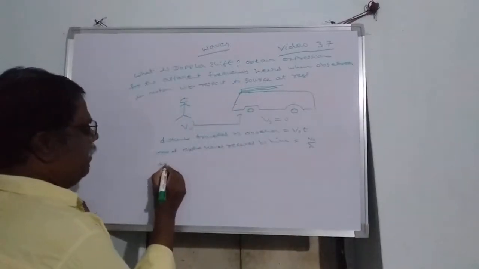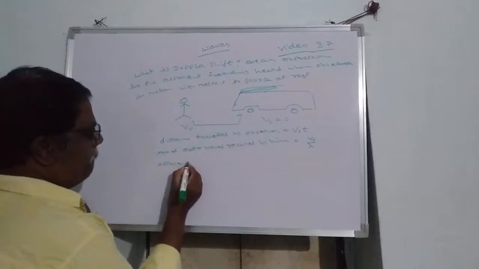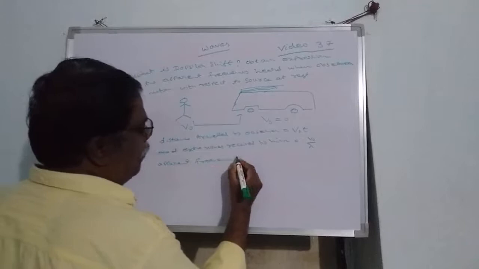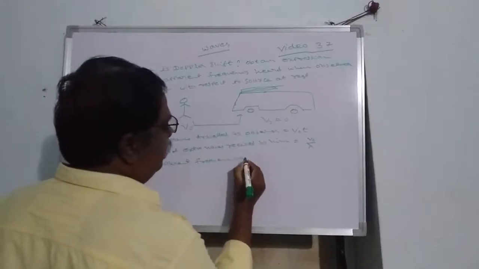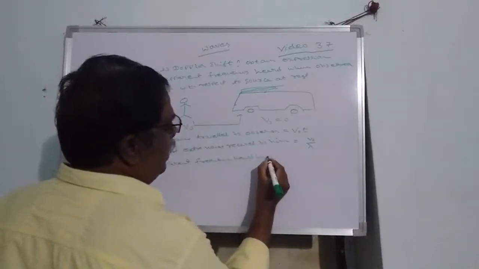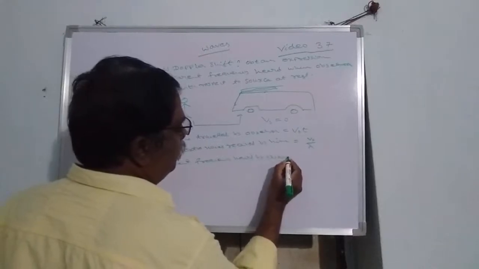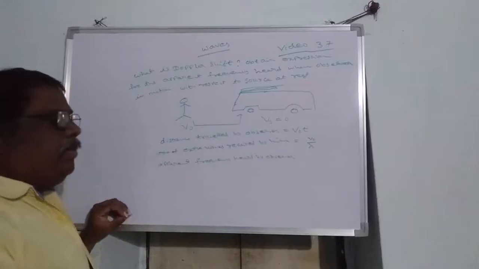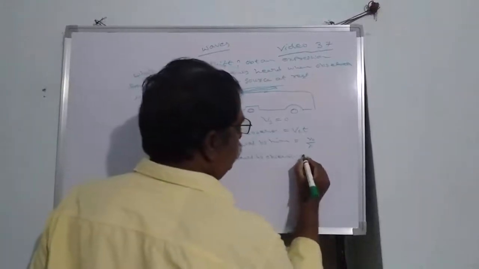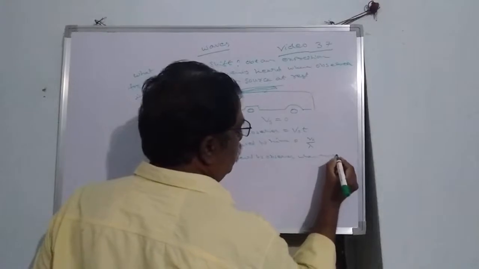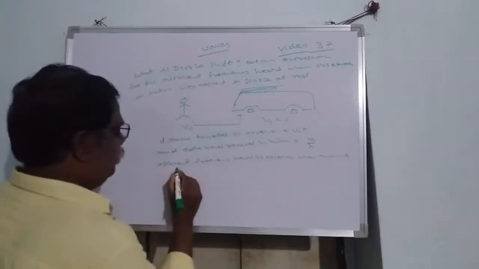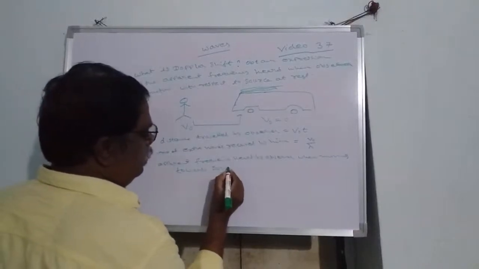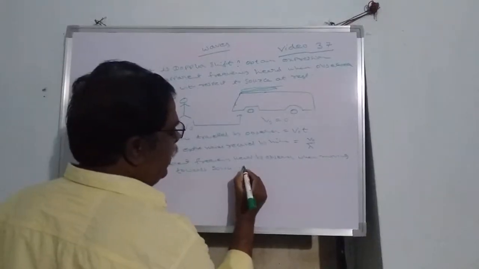Therefore, the apparent frequency heard by the observer when moving towards the source is mu dash.